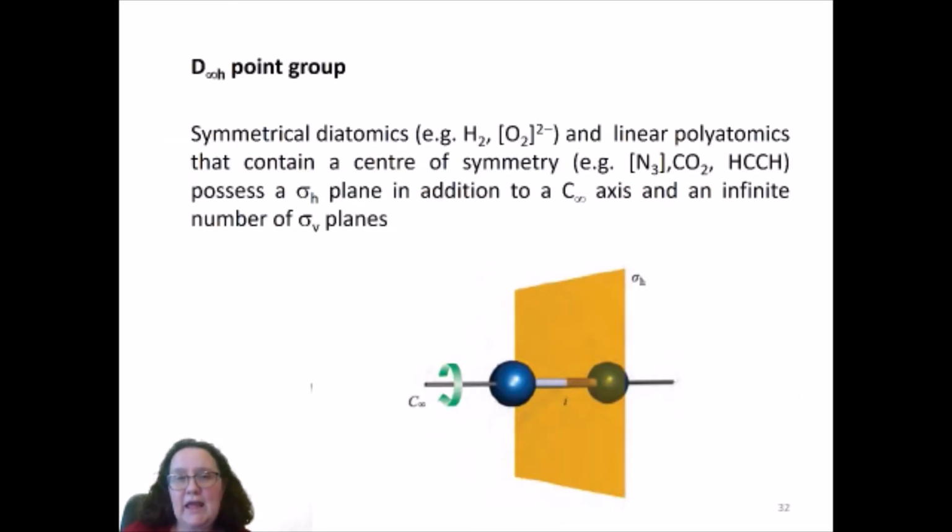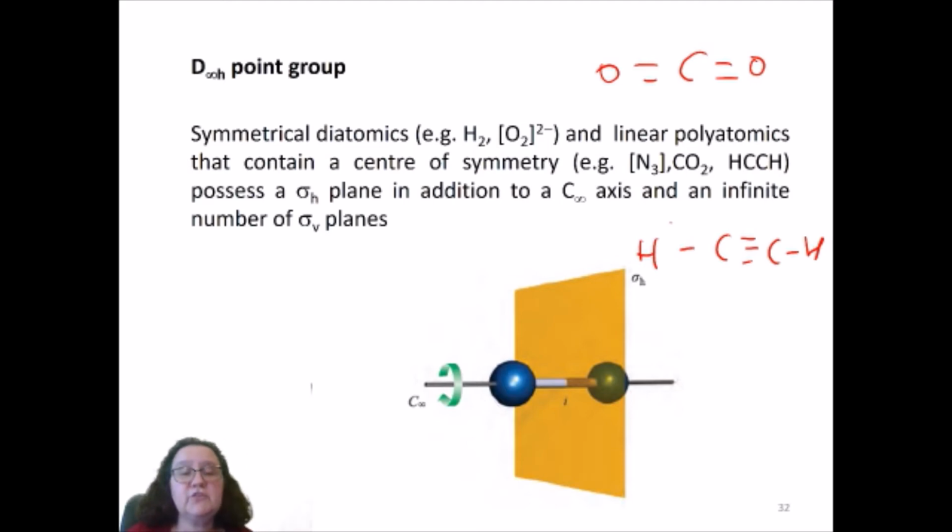This sigma H is typical of symmetrical diatomic molecules, or linear polyatomic molecules that have a center of symmetry. A typical example, not the only one, is the molecule of CO2, or the molecule of acetylene.